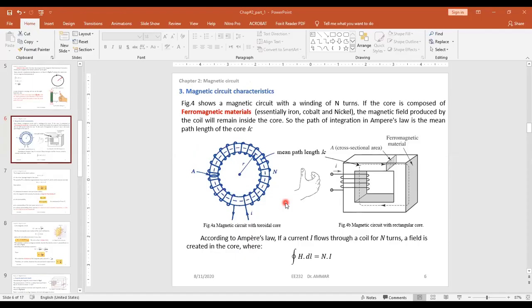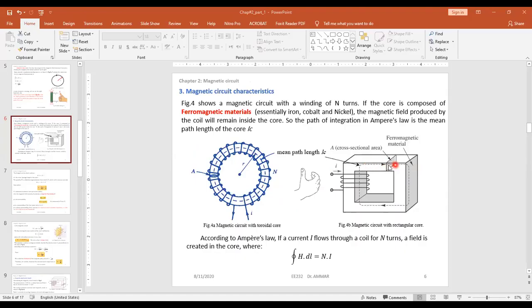When we want to apply Ampere's law in this case, we take the path of this core. For example, when we have this rectangular core, we do not take this edge, the length of the inner edge. We take the main path.